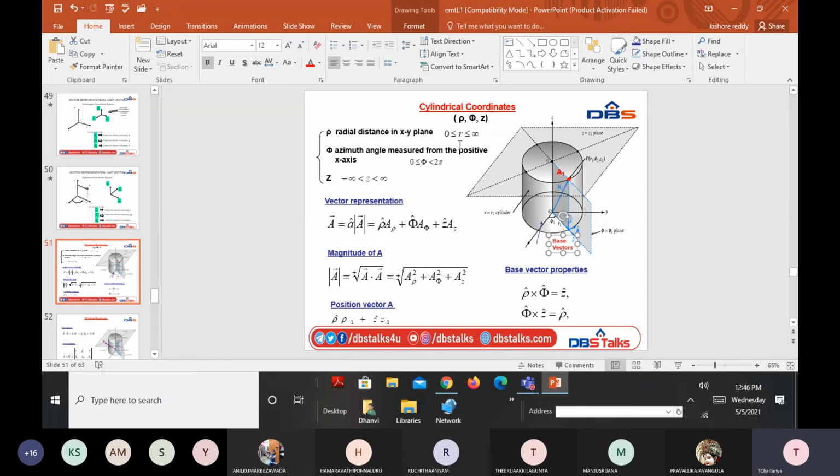These are the minimum and maximum values: 0 is the minimum for radius and infinity is the maximum. At the same time, the z-axis ranges from minus infinity to infinity.